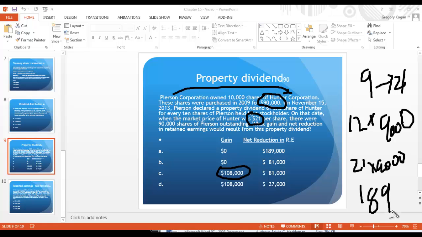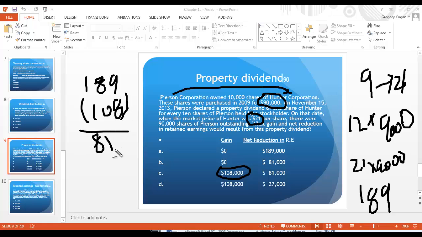Now out of the 189, right, how much was gain? That was 108. So 189 less 108 equals 81, which is the reduction in retained earnings. That's basically the reduction in equity. It's basically the original cost of these things in a way, outside of the gain. Okay.